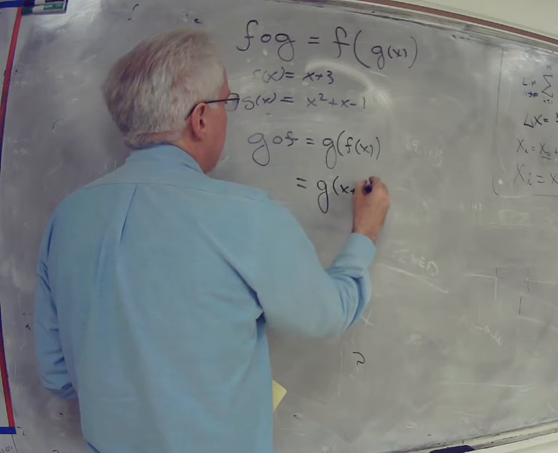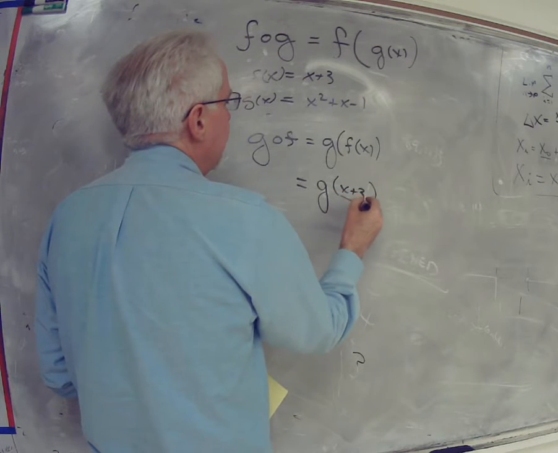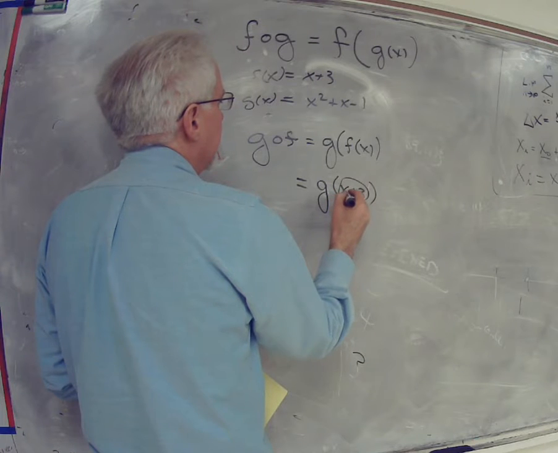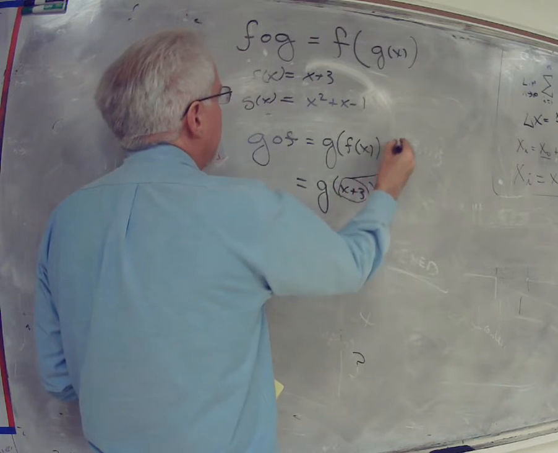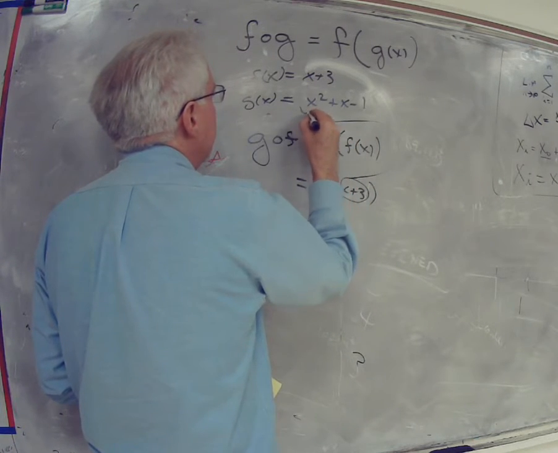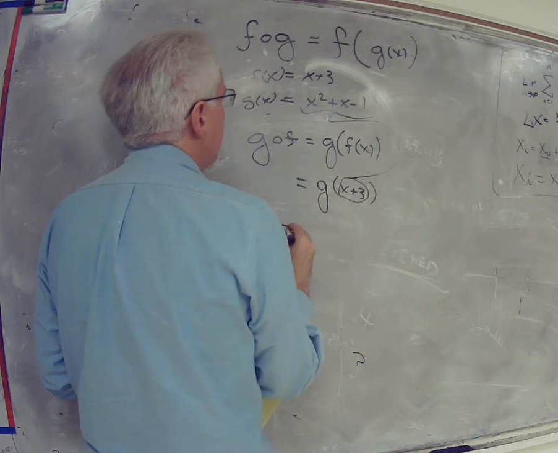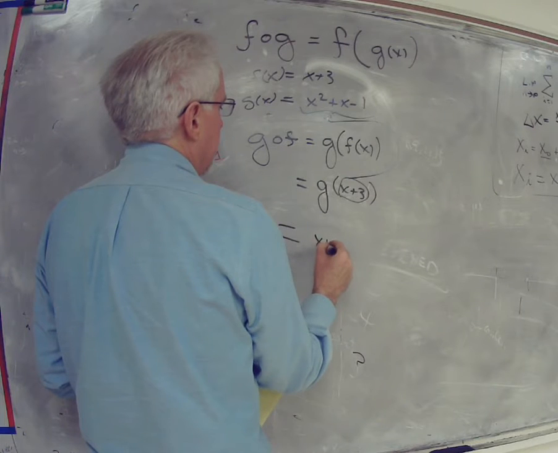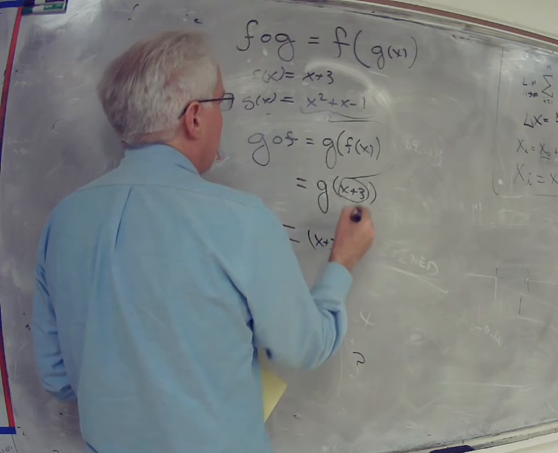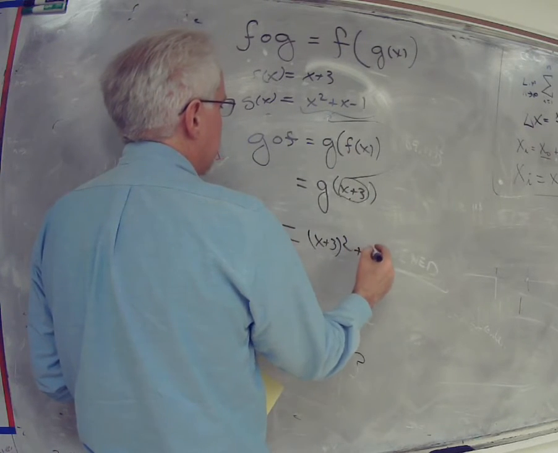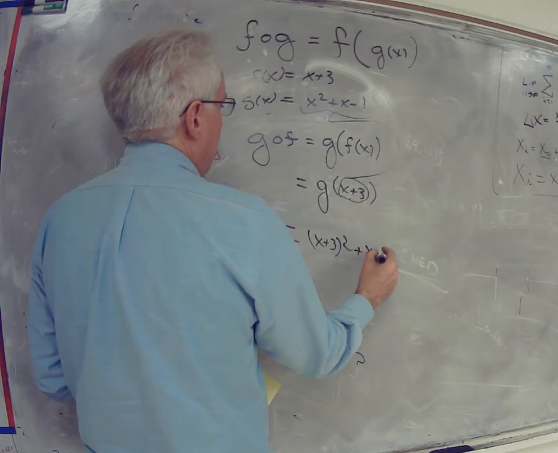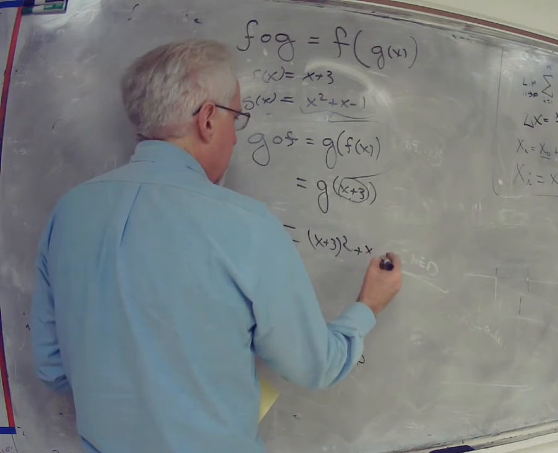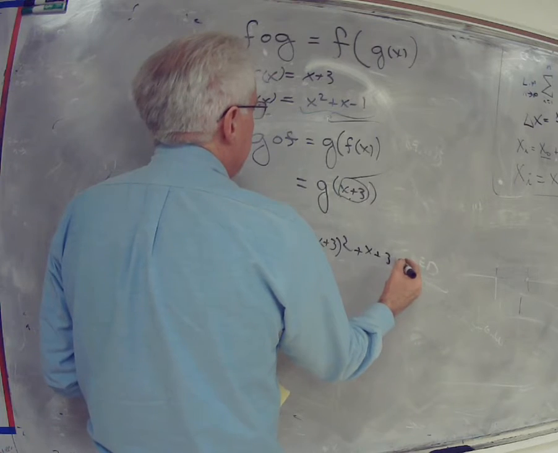X plus 3. What do I do with the x plus 3? I plug it into the whole g. Mario, what do I get? X plus 3 squared, that goes into that, plus x plus 3, and then minus 1.